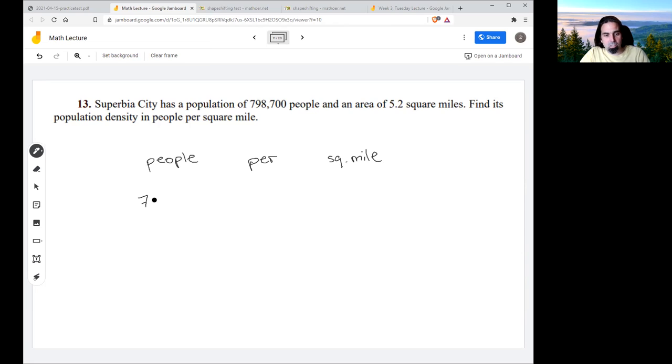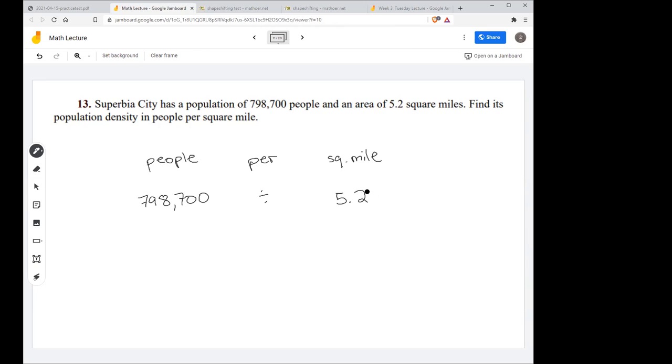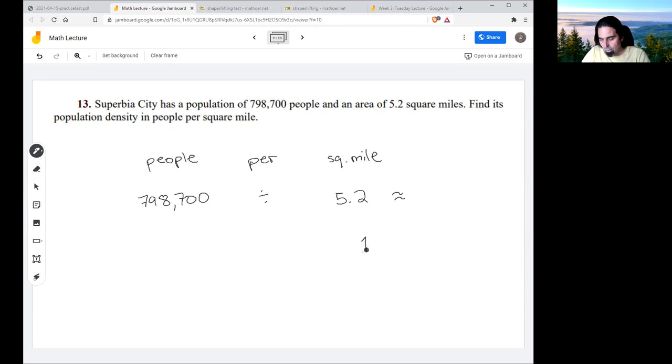The people is the 798,700. Per means division. And 5.2 is the square miles. So I'm getting about 153,596 people per square mile.